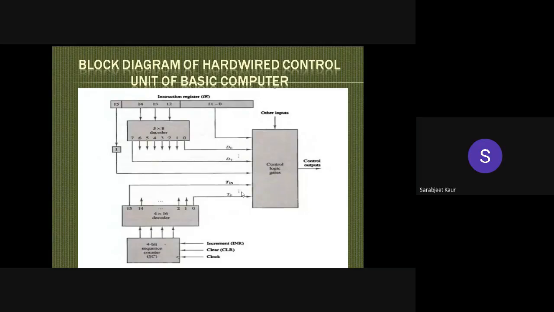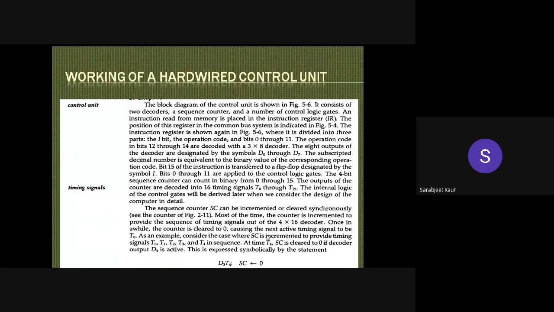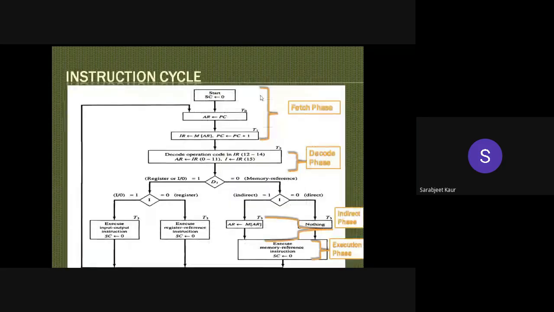So initially, when any instruction starts, we start with the time signal T0, and to do that, we need to reset our sequence counter to 0. Is this clear?